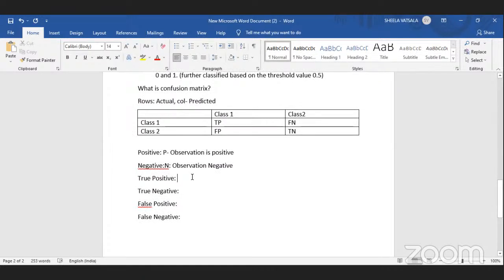Okay. What is true positive? The observation is positive and it is predicted as positive, which is good. This is an important thing for us.